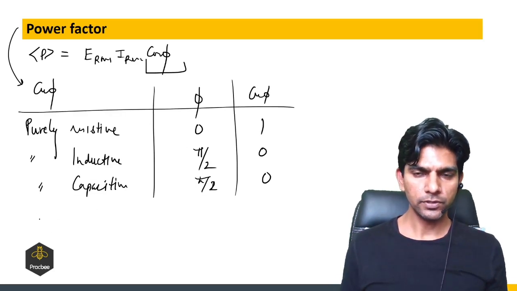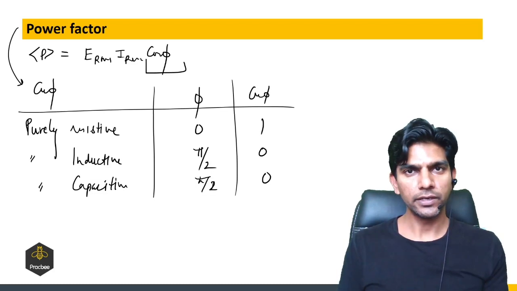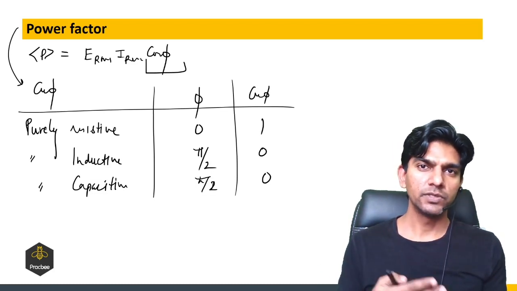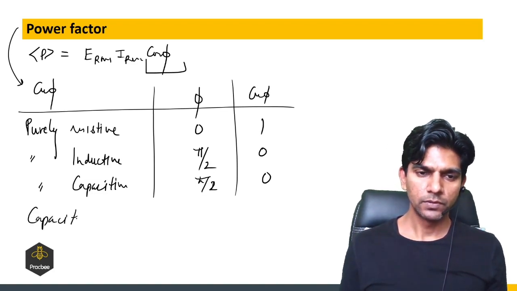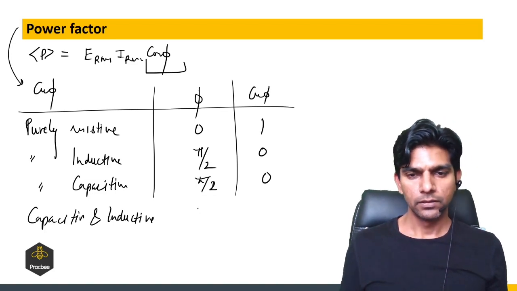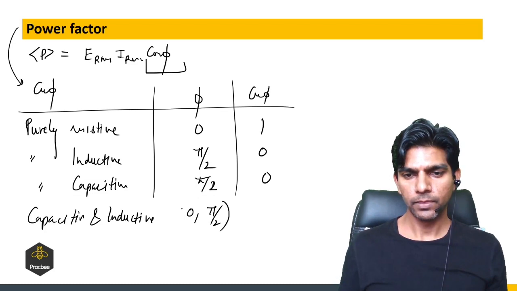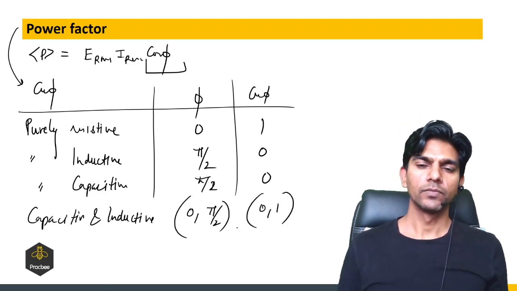And in case of a capacitive or an inductive circuit, phi will be between 0 and pi by 2, and cos phi will have a value between 0 and 1. Right?